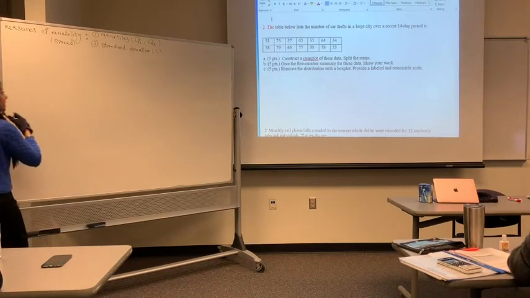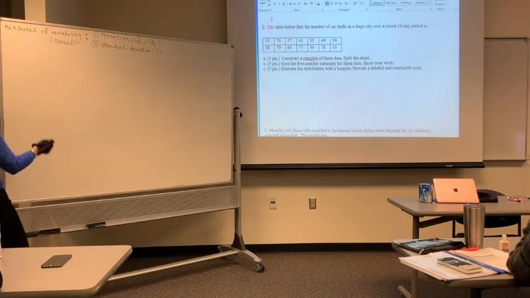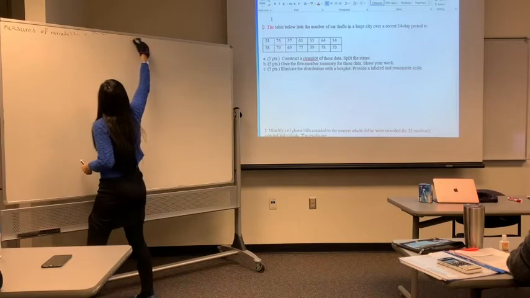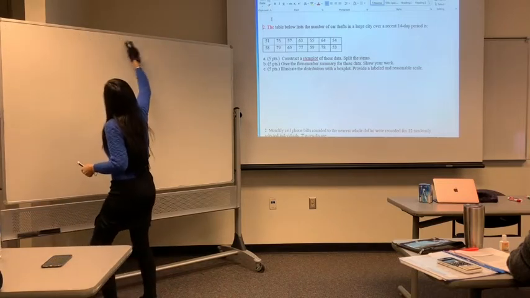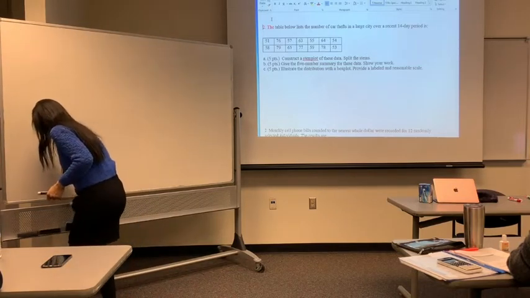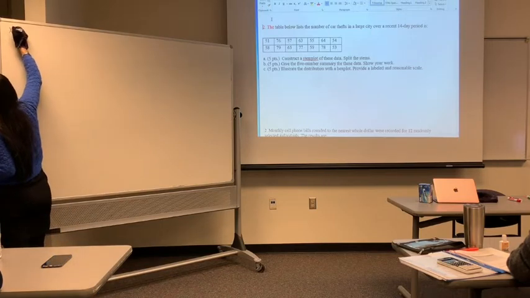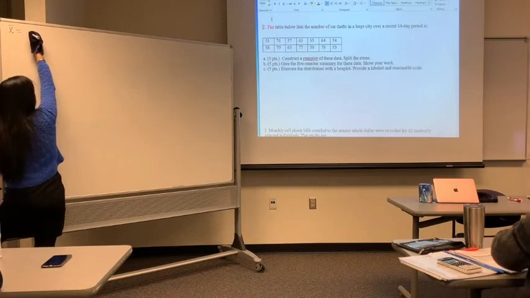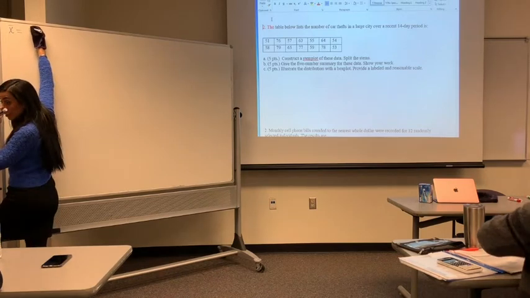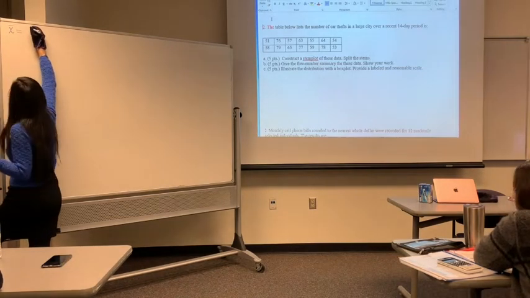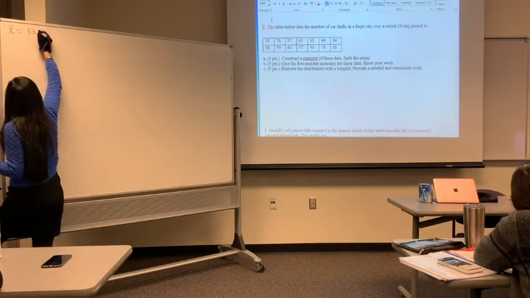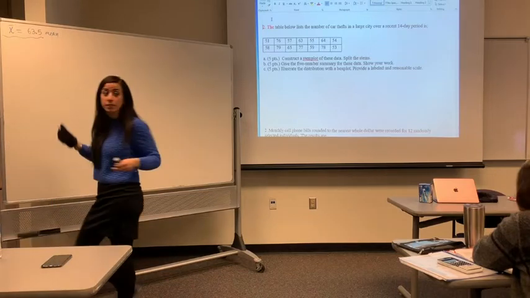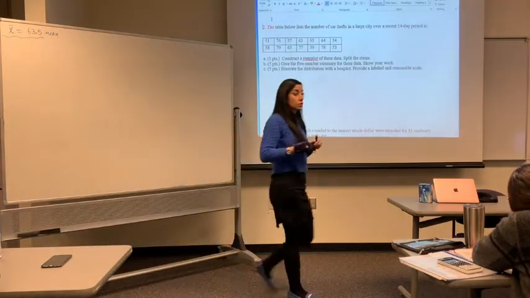So the first step is to find x bar, the mean, correct? What was x bar for this question? 61 was the median, huh? 63.5. This is the mean. Is this correct? Yes.